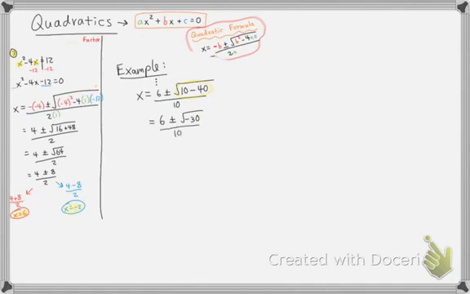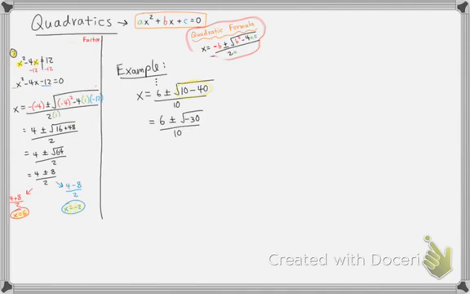But there's a problem. If you try to type in the square root of negative 30 into a calculator, it's going to say no solution, not possible. Why can you not do the square root of a negative 30?